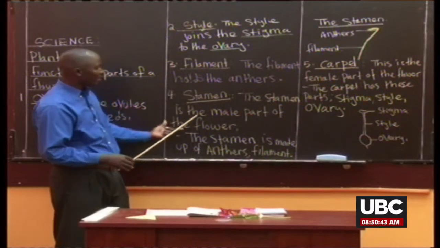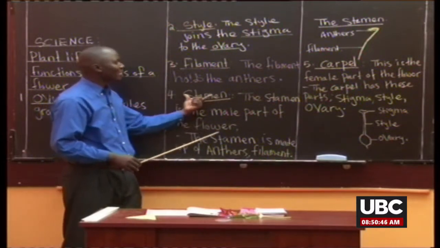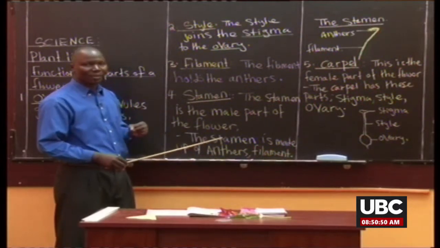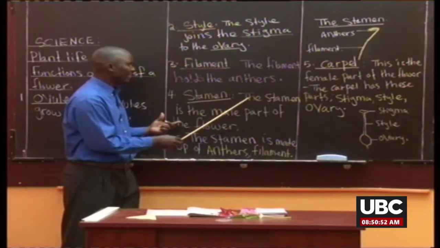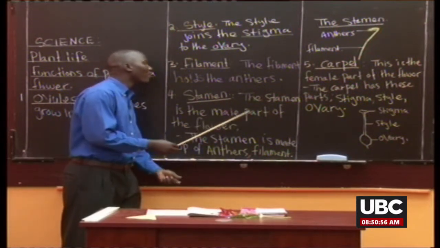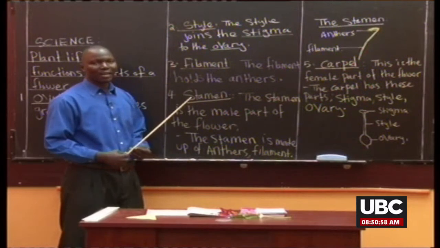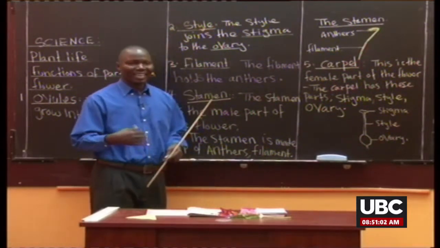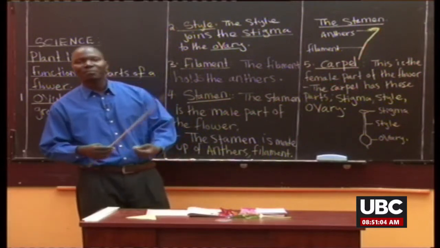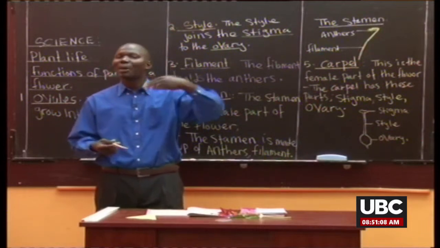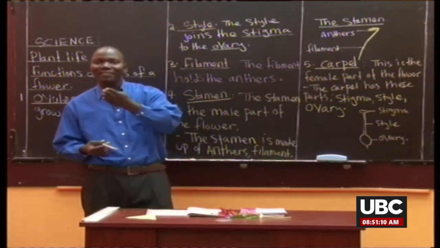And when you go down, you look at another part called the stamen. And we are saying, what is the stamen? The stamen is the name given to the male part of the flower. Like you know, in creation, God made both man and woman, the male and the female.